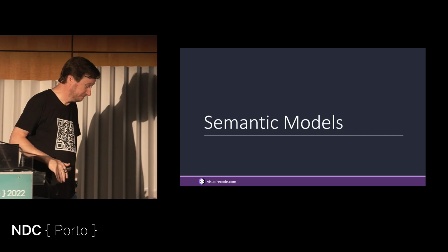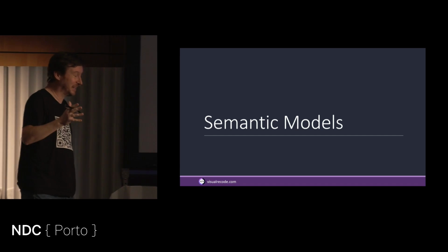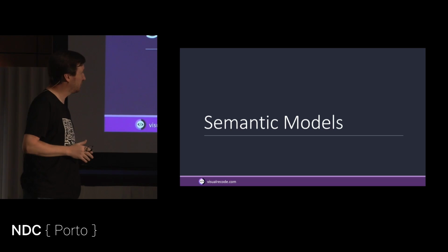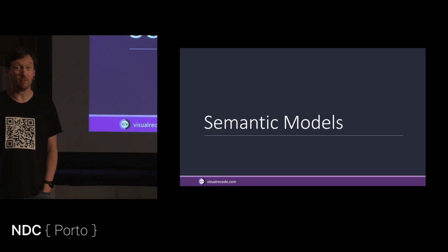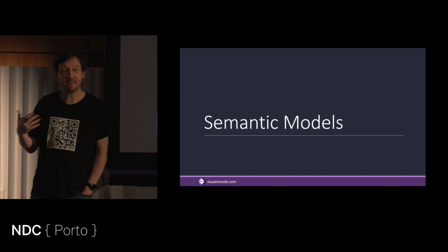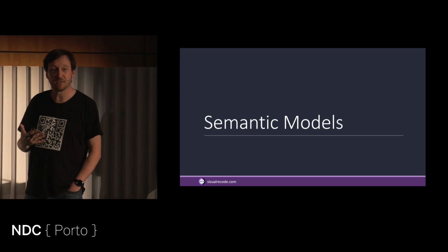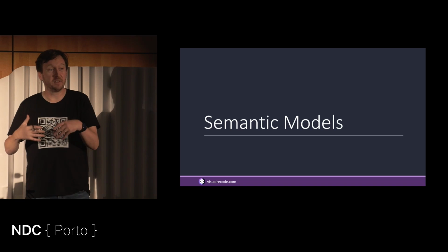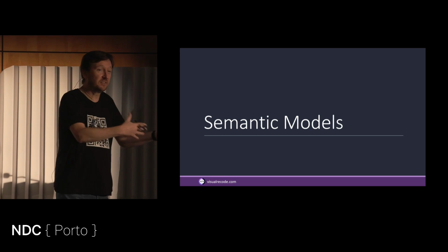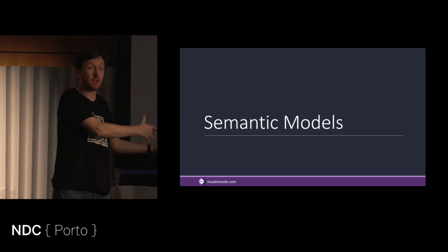So anyway, making sense of what these syntax tokens and nodes and everything actually means is where semantic models come in. So the semantic model is the combination of the syntax tree and the in-memory compilation of the code.